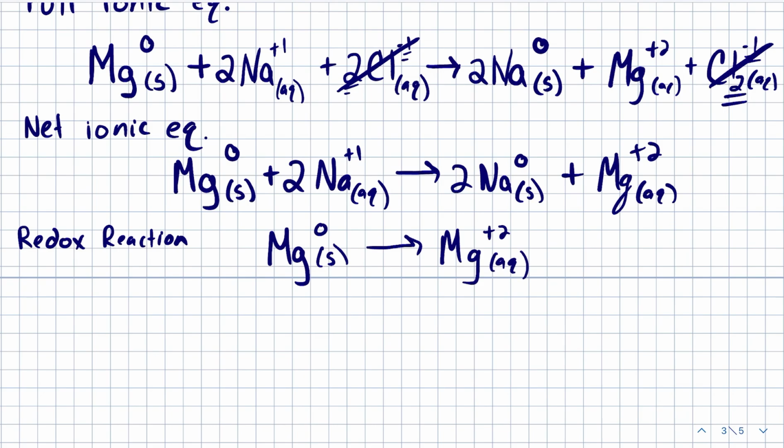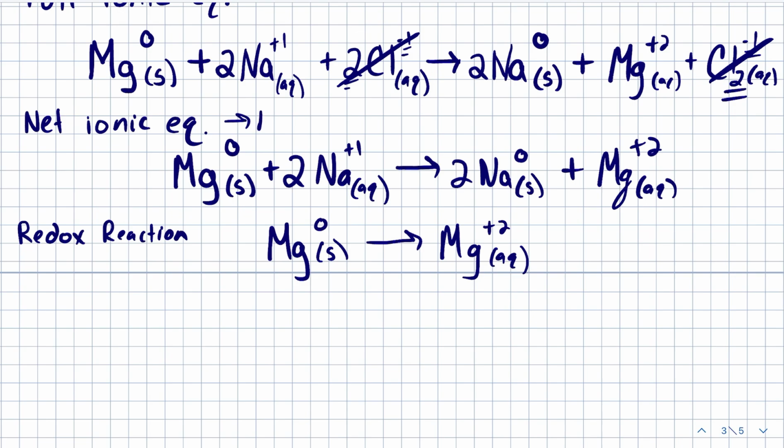I'm going to do the same thing with my sodium. I'm not going to worry about carrying the coefficient. My net ionic equation had to be balanced. But for the redox reaction, I don't really care about balancing. I'm going to focus on what happened to the charges.